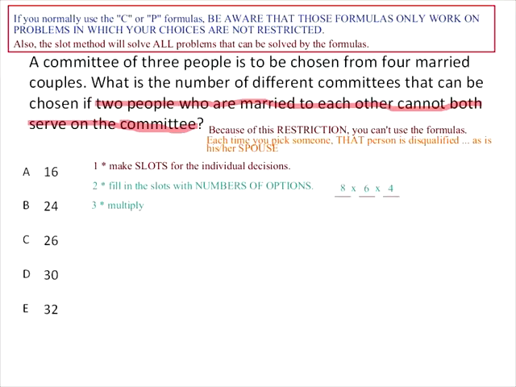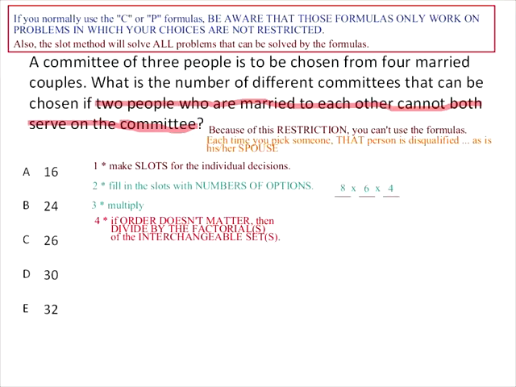So step 4, if order doesn't matter, then divide by the factorials of the interchangeable sets.